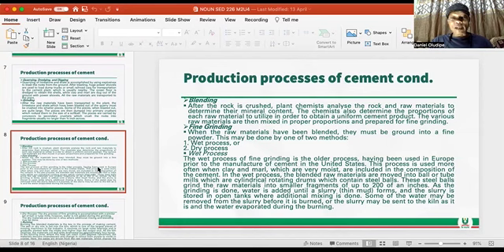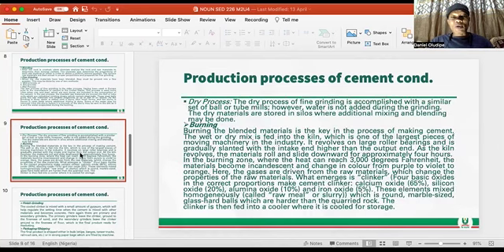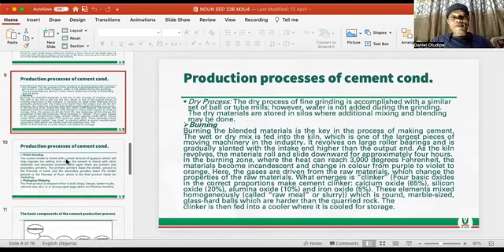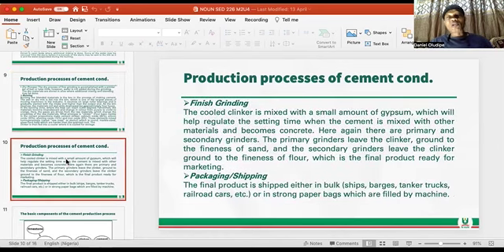And under that fine grinding, there are two processes, the wet process or the dry process. From there, we go to burning. And from burning, we go to finish grinding, which is the last step in the processing of cement.